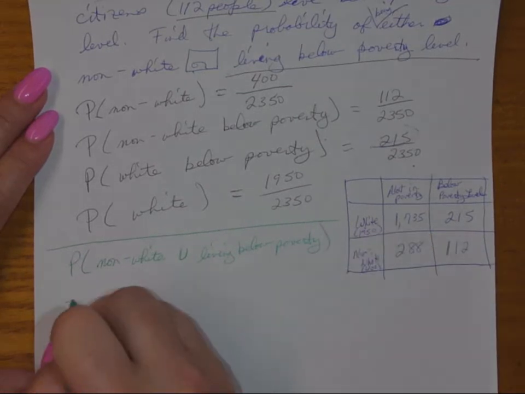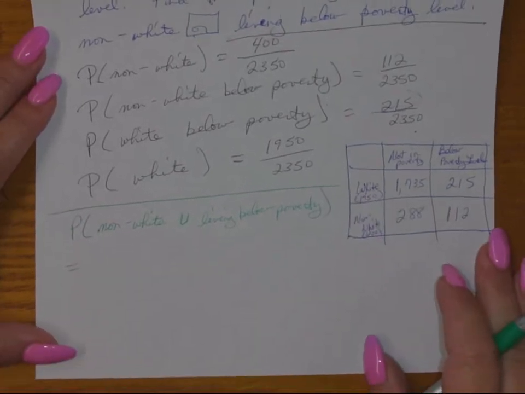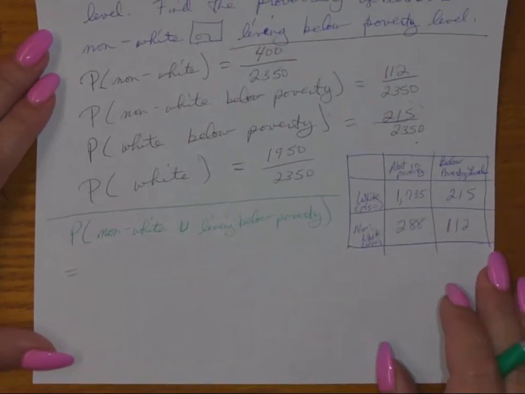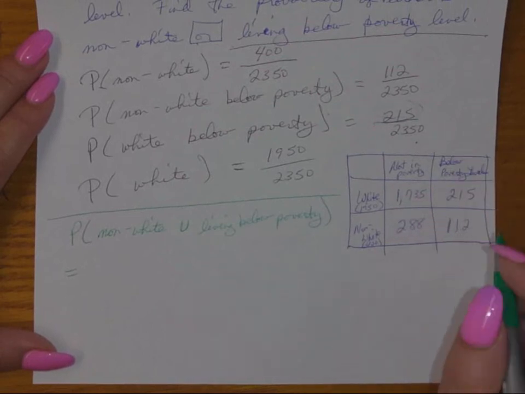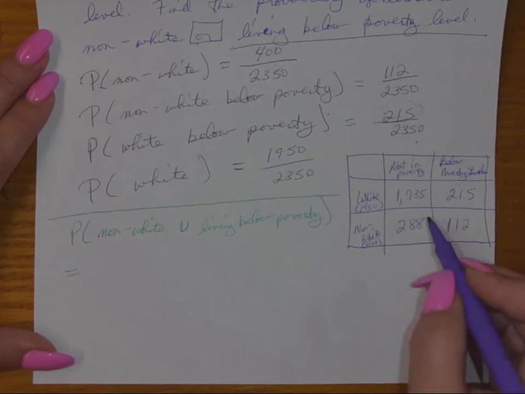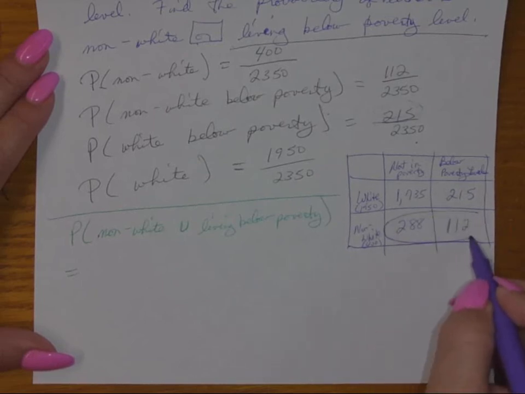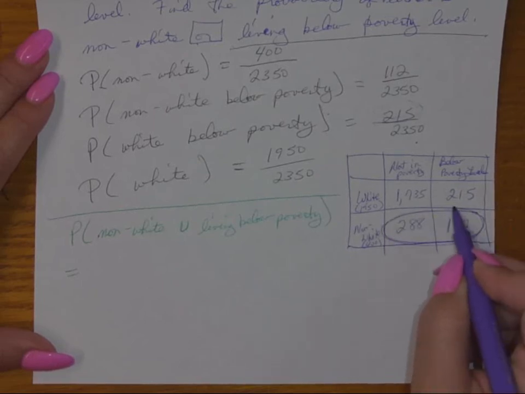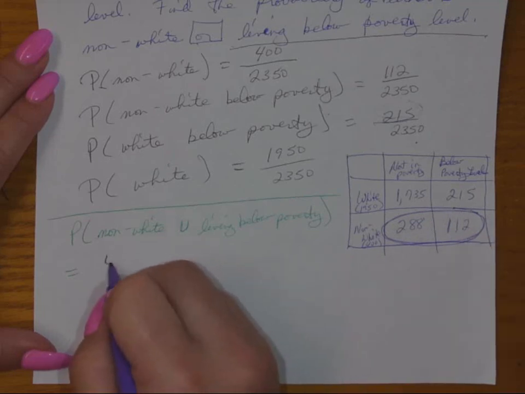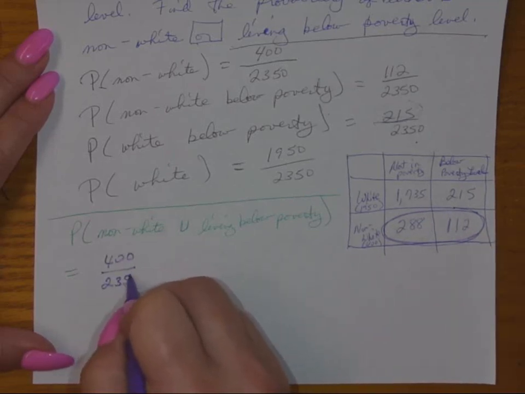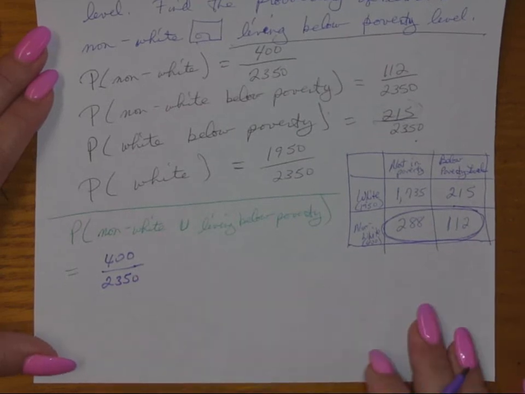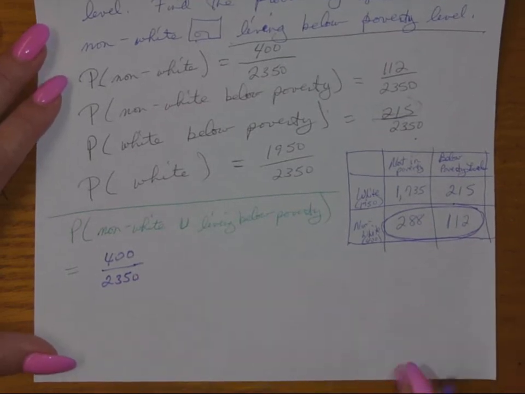Again, there's going to be a couple of ways for me to do this, so I'm going to show you a couple. Once I have it broken out into this table, I can do all of the non-white people, which was 400 out of 2350, that's their probability.